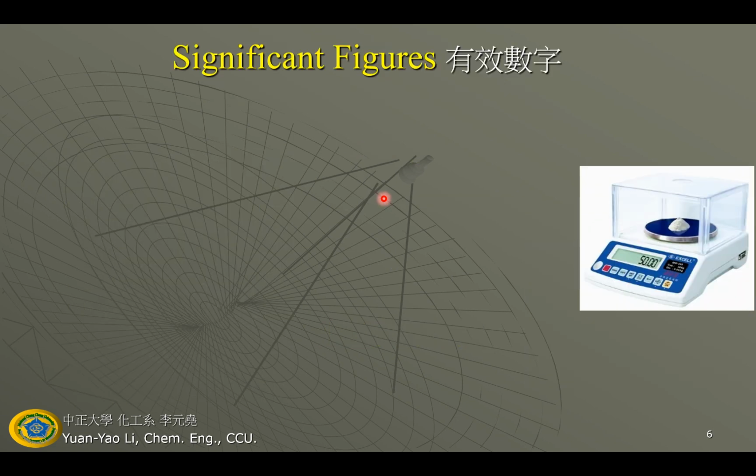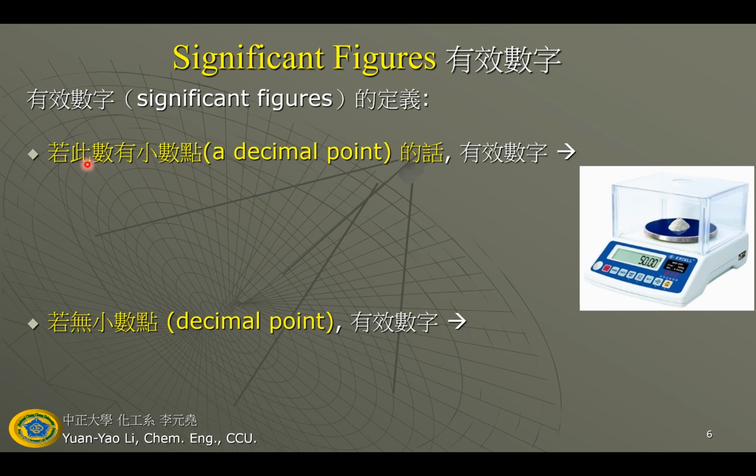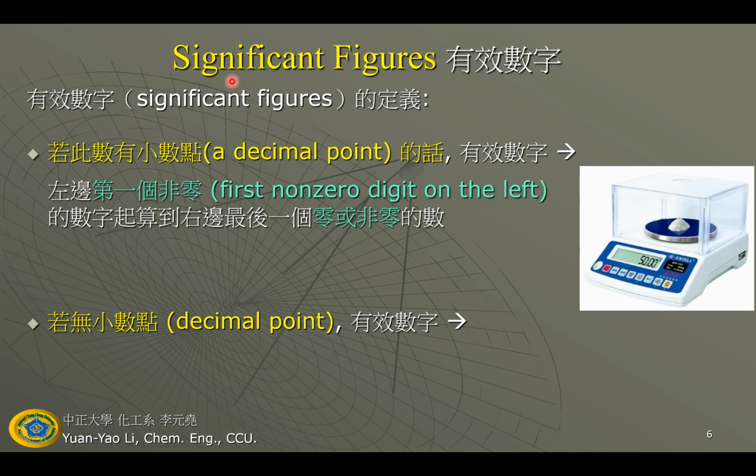So significant figures: if the number has a decimal point, how do you count the significant figures? From the first non-zero digit on the left, count zero or non-zero digits to the right. Here is an example.